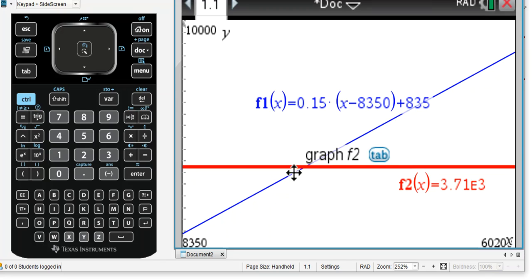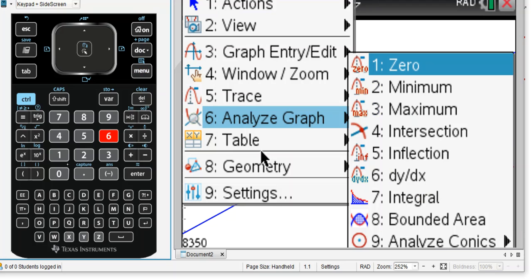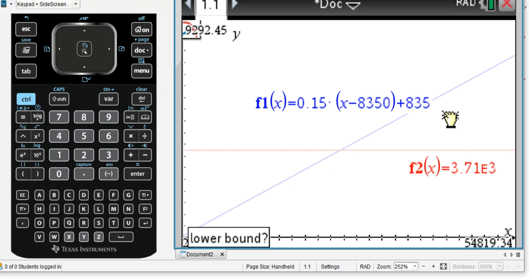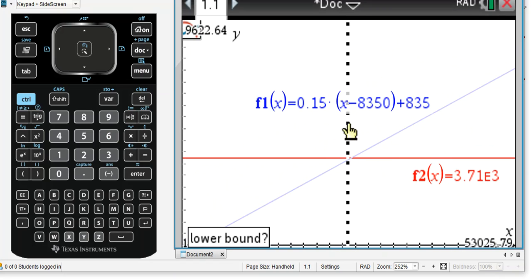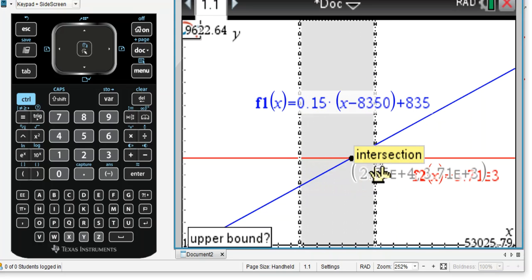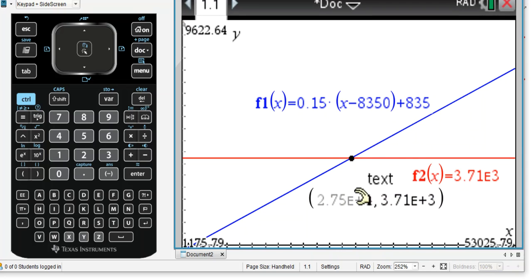And we would like to find the intersection of those two graphs. So if we jump into the menu and analyze the graph, we can select Option 4 for intersection. Whoops, sorry about that. And we'll pick a position somewhere to the left of that intersection and drag our cursor to the right. And that point of intersection exists right here.